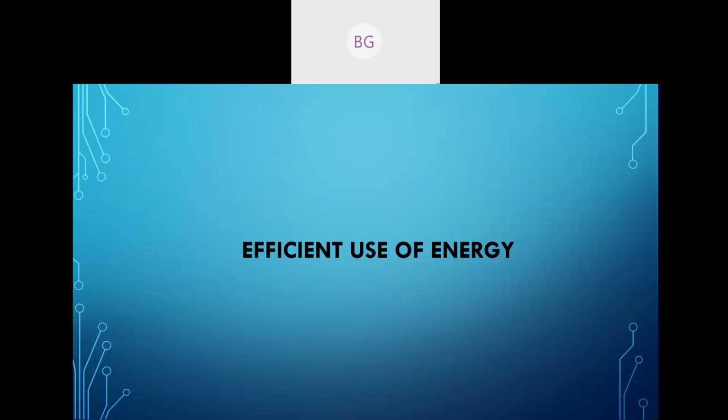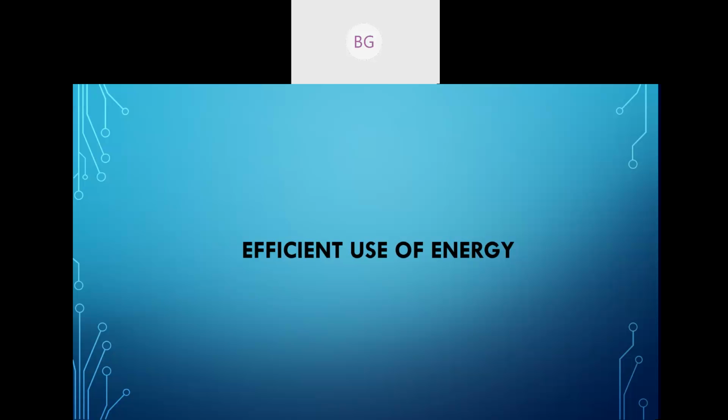The first example where we can use energy sufficiently: whenever a house is built, we have to see that wherever the sun rays are coming in, in the direction of the sun rays, we should always have windows or doors. Whenever we have doors and windows in the direction of sunlight, in the daytime or till evening, we don't have to use artificial lighting, that is, we don't have to use our tube lights or bulbs.